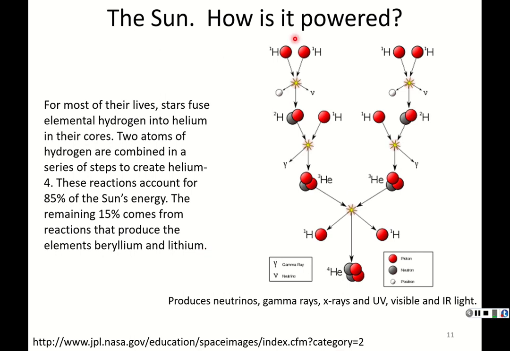So this is a big chain reaction that's going on in stars. It's estimated these reactions are about 85% of the sun's energy. The remaining 15% comes from reactions that produce elements like beryllium and lithium. This whole thing's producing neutrinos, gamma rays, X-rays, UV, visible light, IR light, so tons and tons of light.